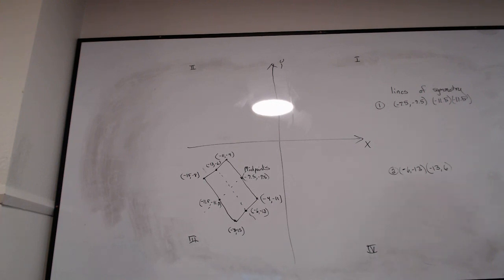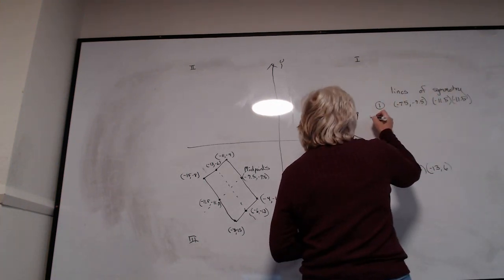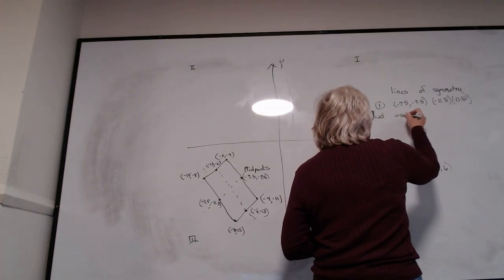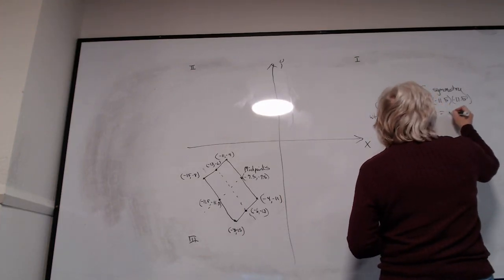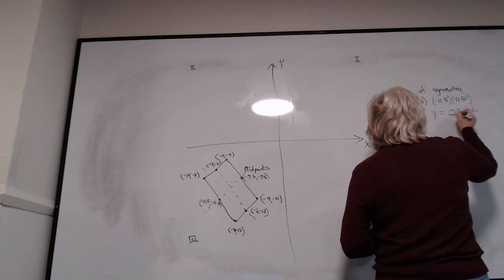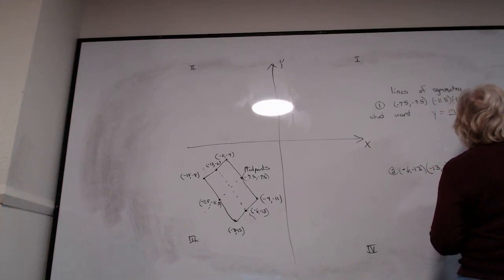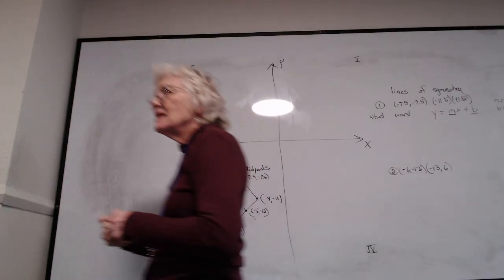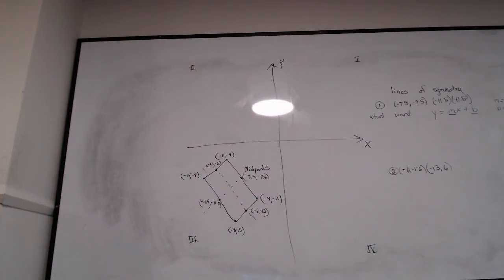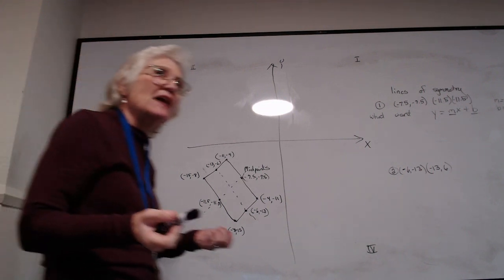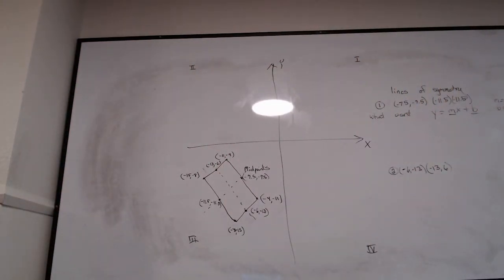When you're doing lines of symmetry, what we want is y equals mx plus b, where m is the slope and b is the y-intercept. So we're looking for the description of our line where the slope is given and the y-intercept is given. This is something we did in algebra. Now we're extending it to be combined with our geometry because we're looking at lines of symmetry.